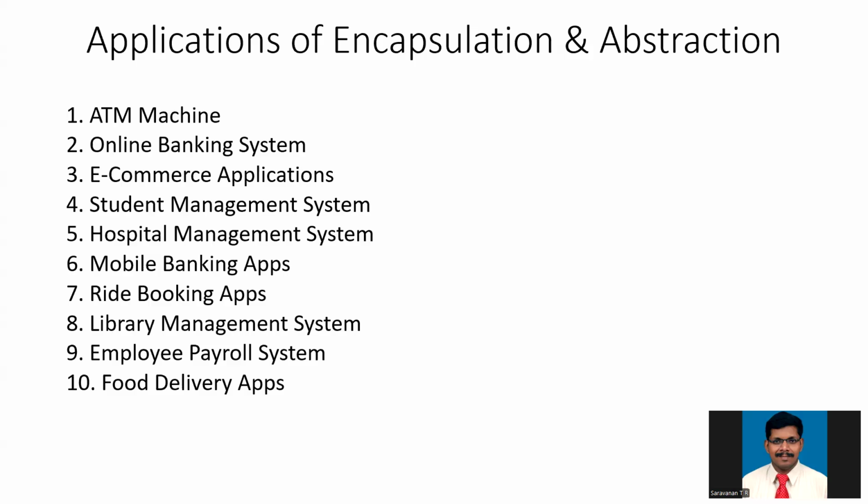In an ATM machine, account balance and PIN data are stored as private data because that is user information. Those private pieces of information are called encapsulated data. Abstraction is a mechanism where you publicly view what you are going to withdraw, what you are going to do, because the amount alone is entered as a physically viewable mechanism.